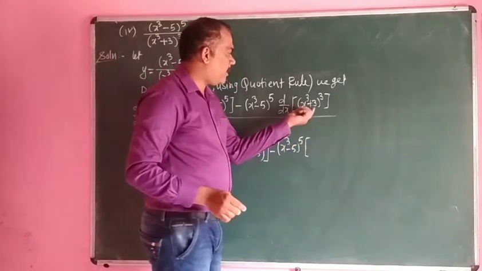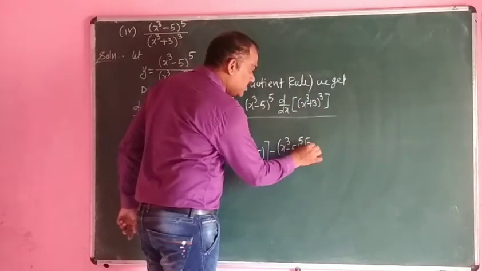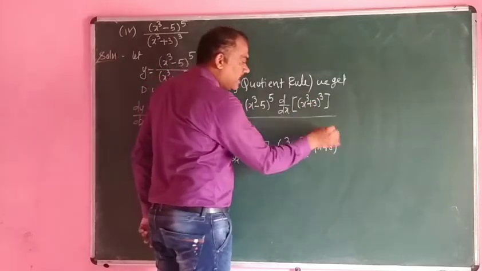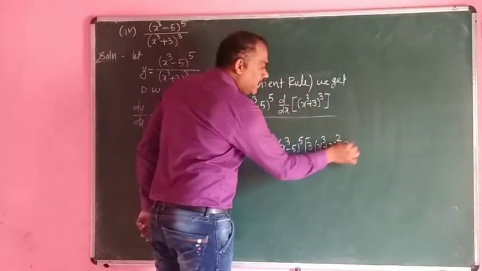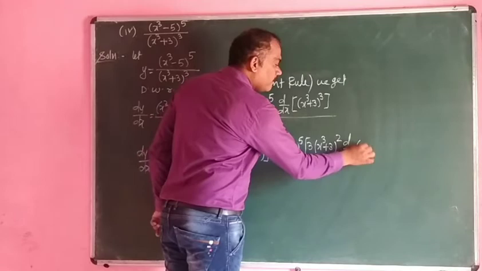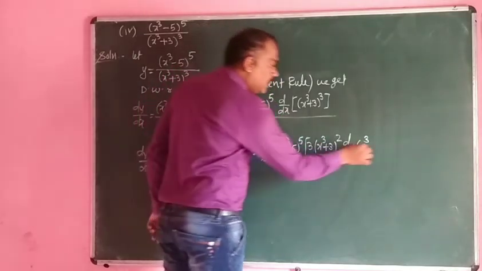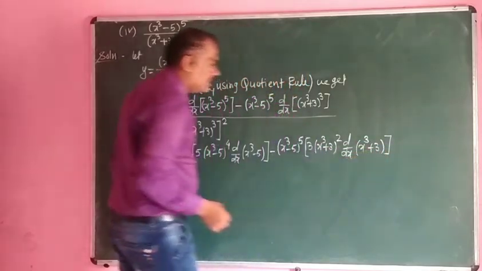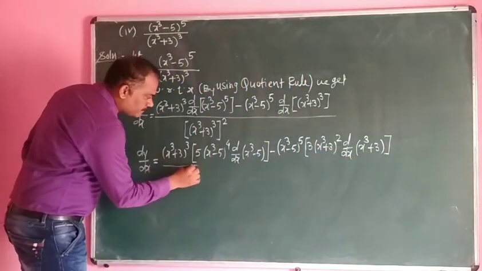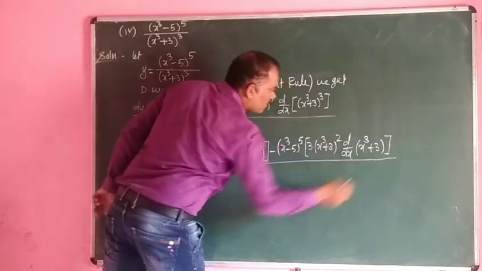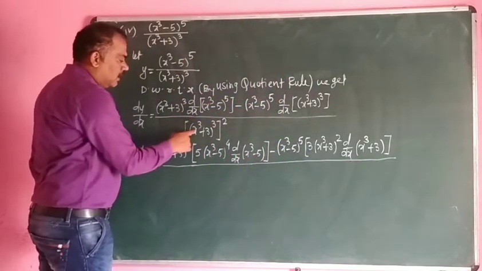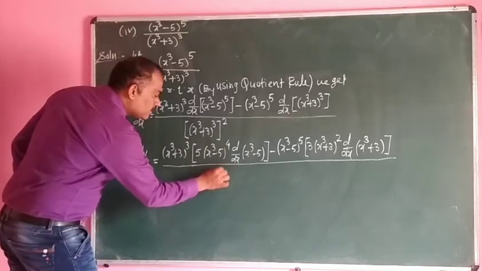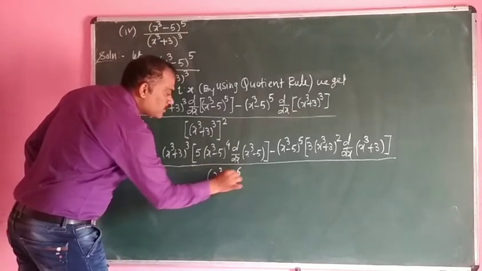Now again by using the power function formula, we take the power as it is, and from the power we minus 1, 3 minus 1, that is 2, into d dx of x cube plus 3. This bracket is closed here, whole divided by, using the laws of indices, 3 into 2 is 6, that is x cube plus 3 raised to 6.